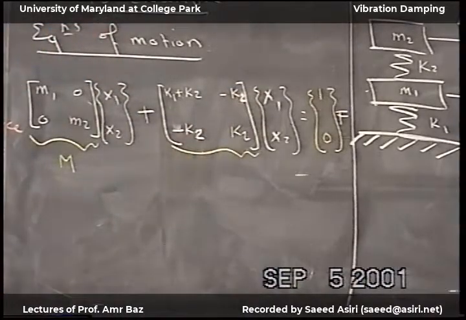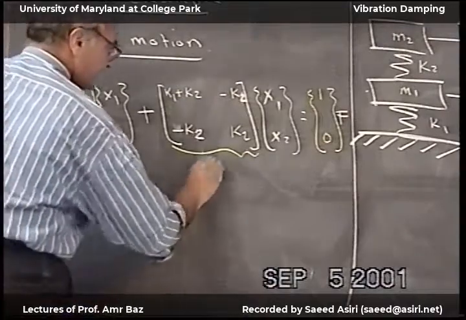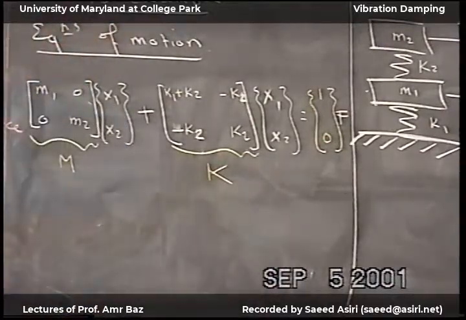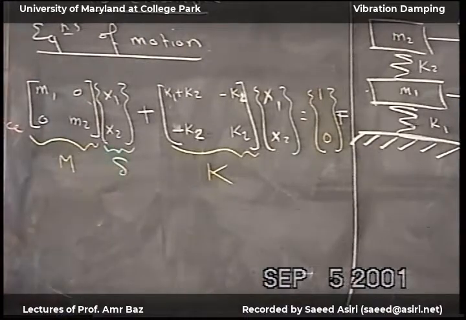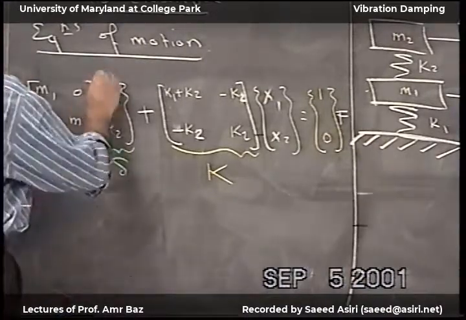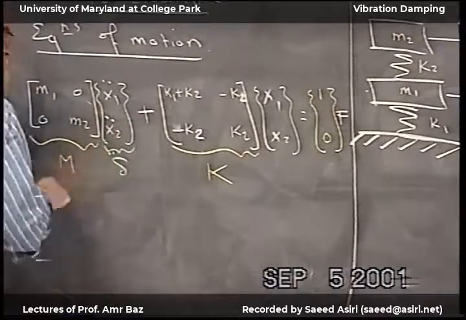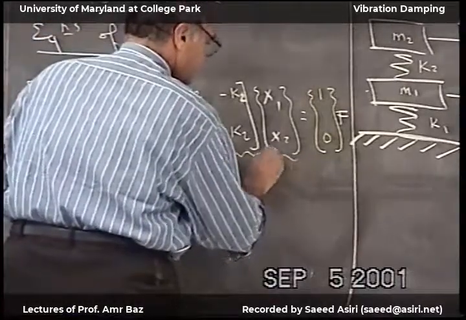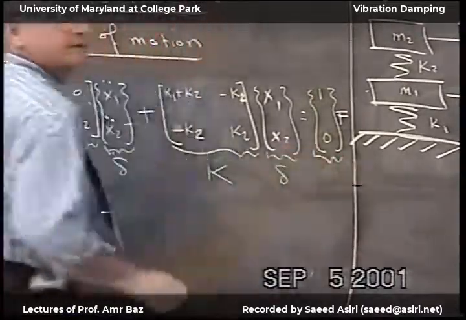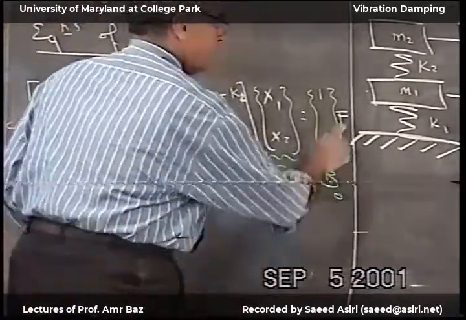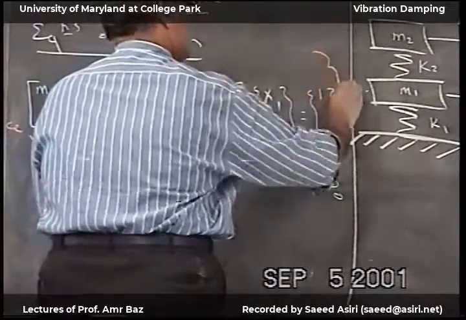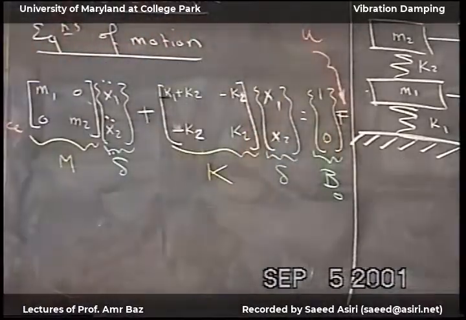This is the mass matrix, the stiffness matrix, and this is our deflection vector, double dot, the deflection vector, and then this matrix is the B0, and this is our U.